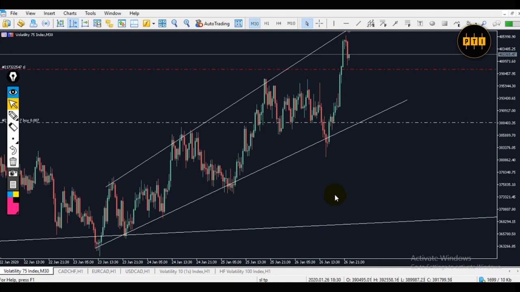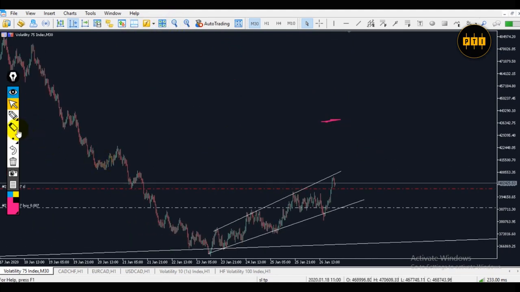So then I need to go to a lower time frame to find a spot where I will enter, to find another pattern or another trend. So basically, let's say if I don't find a trend, I will be looking for a breakout. Let's say here, if I didn't find this entry here, let me just zoom.